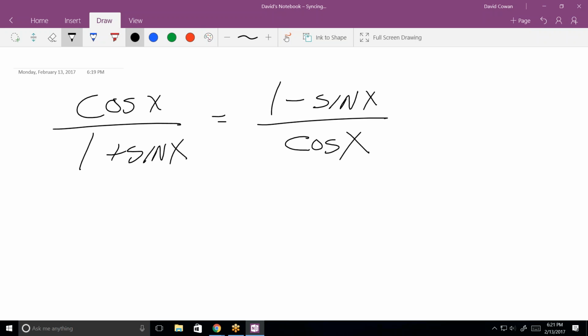Whenever you see an expression like this, it's hard to do much with that unless you multiply top and bottom by the conjugate. So on the left side of the equation, I'm going to multiply by 1 minus sine x. That's the conjugate of 1 plus sine x.